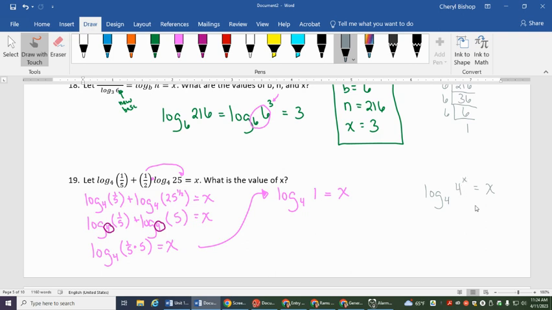What power do you raise something to make it equal 1? 0. So this is really log base 4, we can write it as 4 to the 0. And then we know if these two are the same, then my answer is just, in this case, x equals 0. Questions on 19.